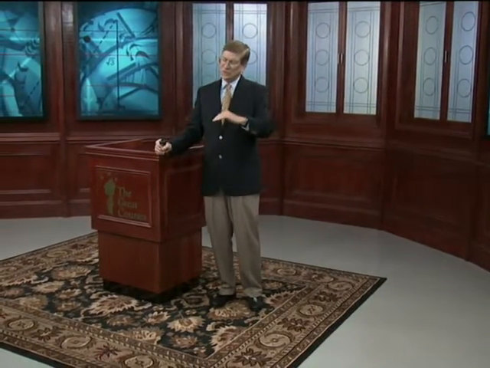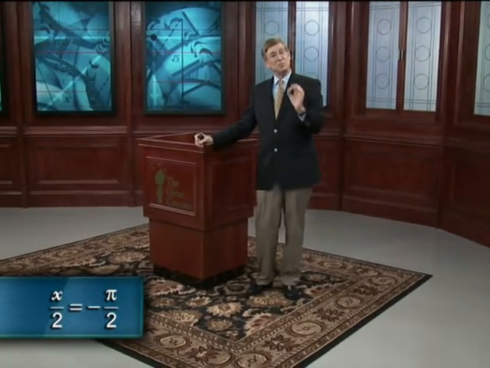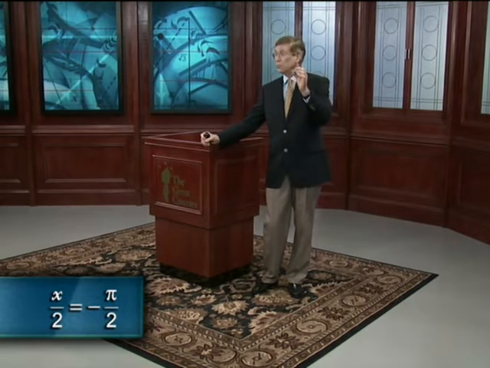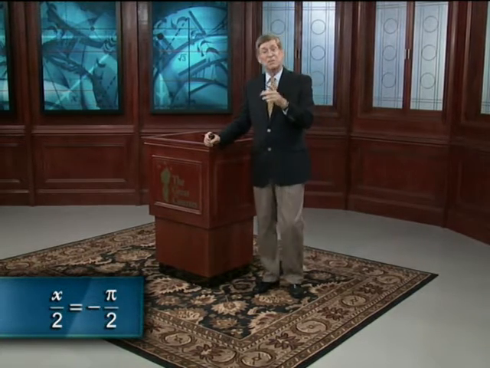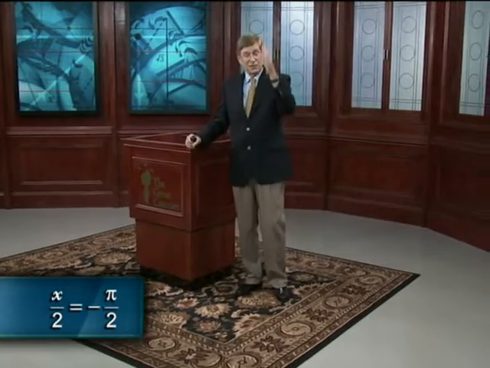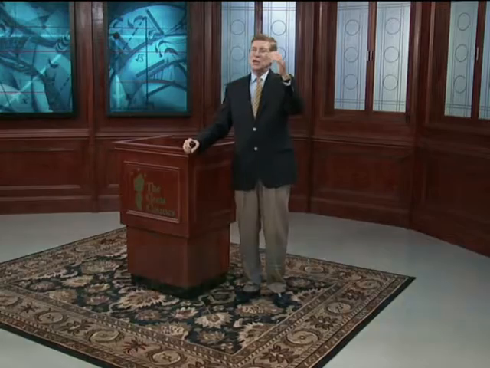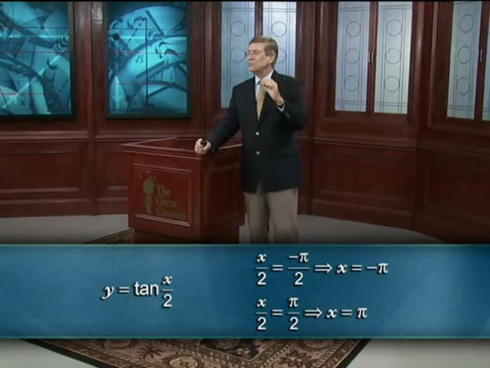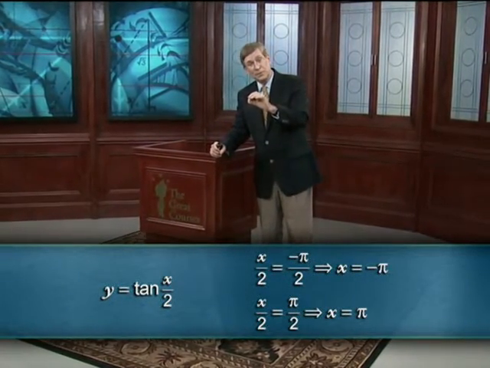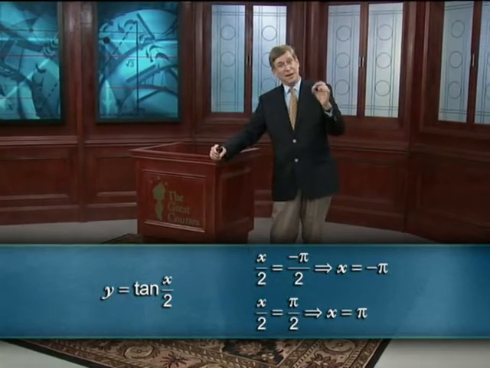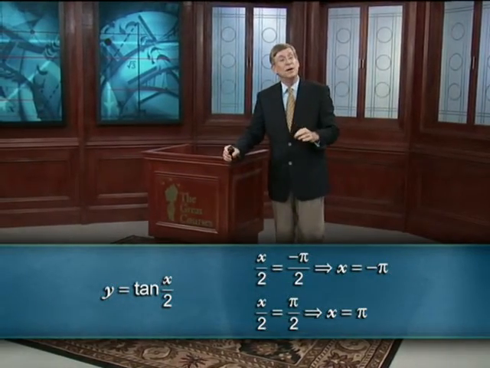Well, it's going to look like the tangent function, but the asymptotes will be a little bit different because the bad points, where the cosine is 0, have changed slightly. When x over 2 is minus pi over 2, that's a bad point because that's where cosine is 0. That means x is minus pi. So minus pi is now a vertical asymptote. In a similar fashion, when you have x over 2 equal to pi over 2, you get another vertical asymptote, and that yields x equals pi.